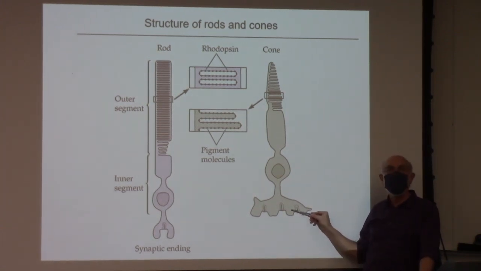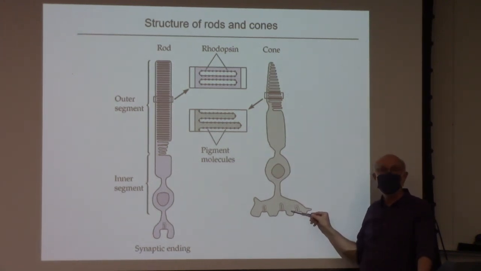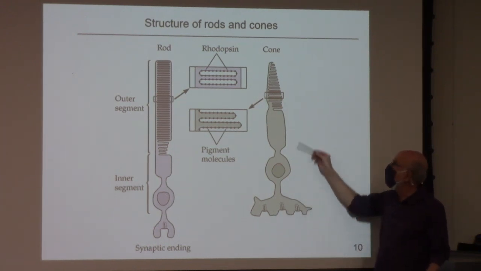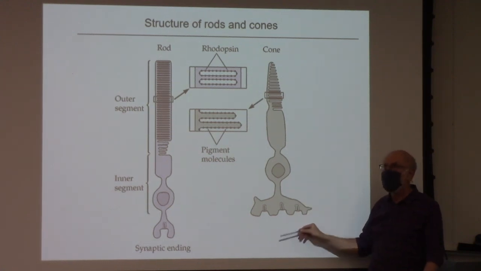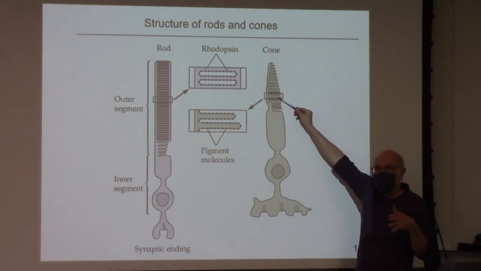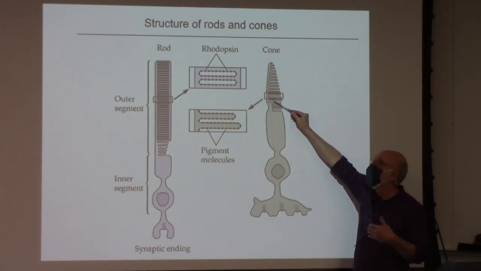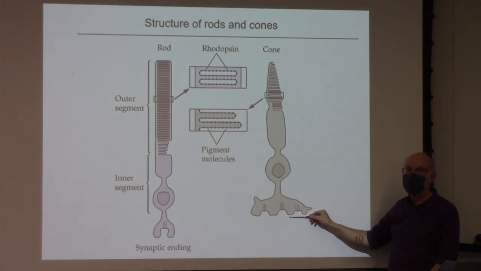What channel is important here for neurotransmitter release? I didn't say it, but you already know it. Voltage-gated calcium channels. If you depolarize this cell, calcium influx here, release of neurotransmitter. Light, receptor, conformational change, phosphodiesterase, cutting cyclic G, closing the channels, hyperpolarizes, closes the voltage-gated calcium channels, less neurotransmitter release.